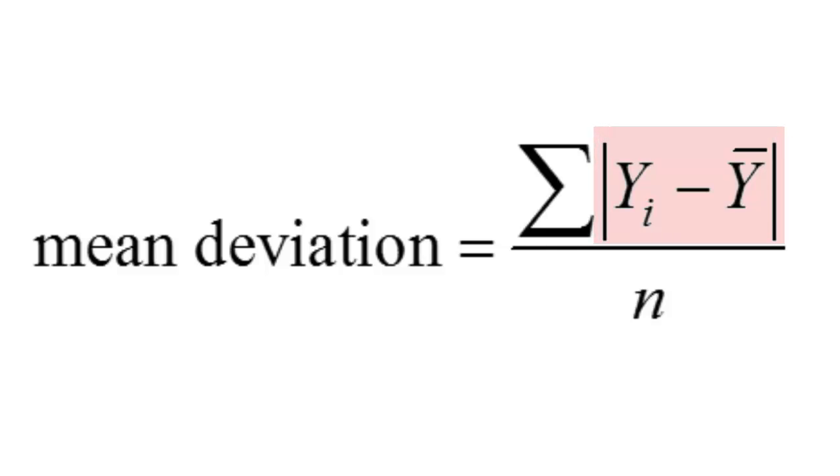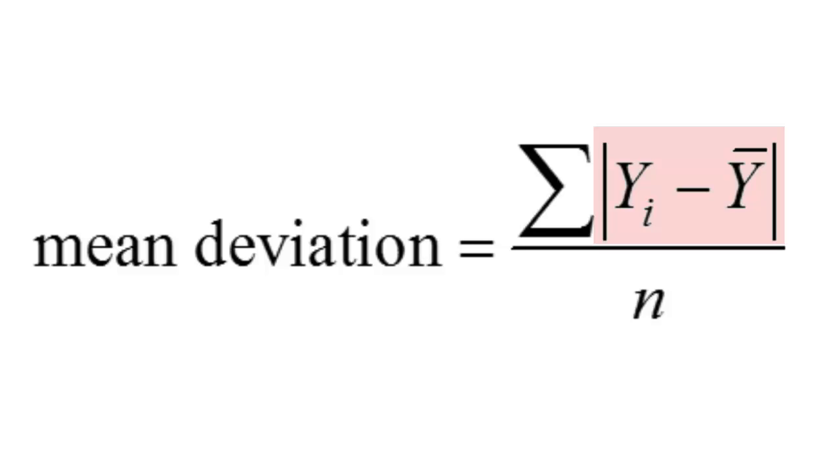We're going to take the absolute value so that all of the deviations are positive. Now, what that's going to do for us is say that if a case is, say, 2 units below the mean, the deviation is minus 2, and another case is 2 units above the mean, so their deviation is plus 2, we're going to ignore the sign or the direction and say both of these cases are 2 units from the middle of the distribution.